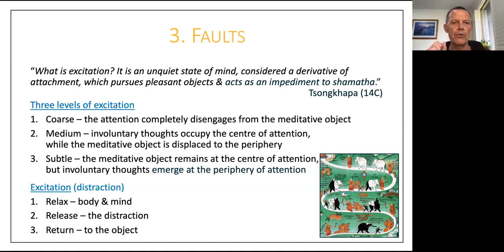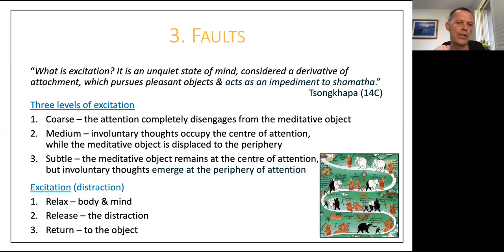You may have noticed already that you're focusing, say, on the breath, and then you start thinking about something, but you're not completely caught up in your thoughts. Rather, you're mainly thinking about something, but a little bit in the corner of the mind, you're still managing to hold on to the breath.